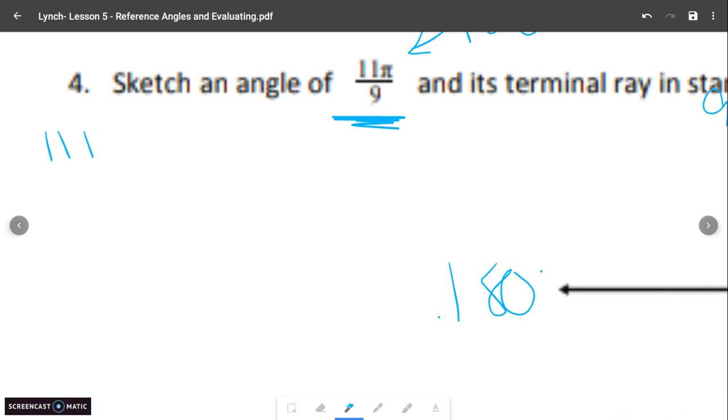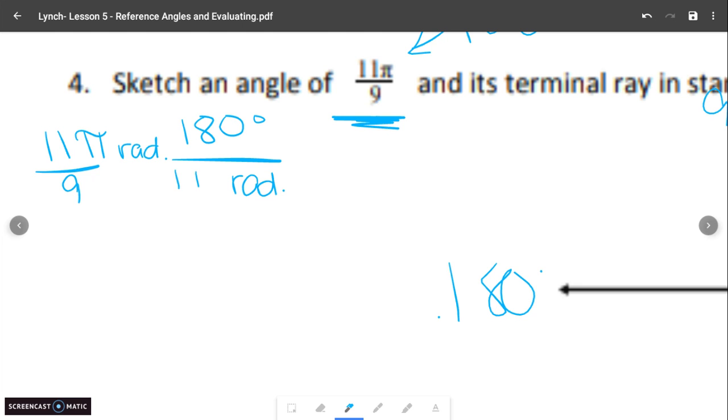So if you remember, to do a conversion, this is in radians. I want radians on the bottom so that my units cancel. The unit I want, degrees, goes on the top. There are 180 degrees in 1 pi radians.